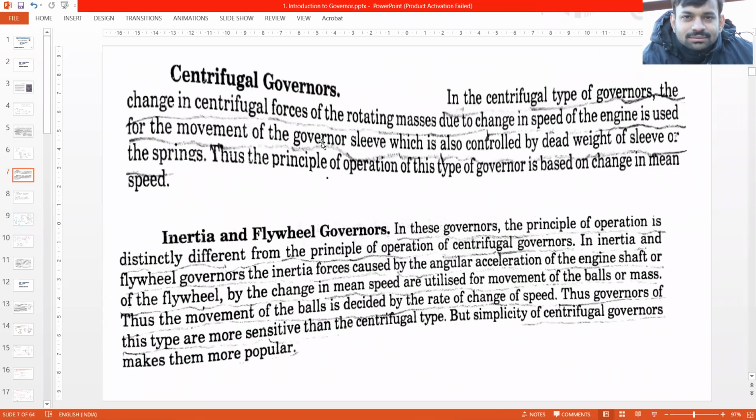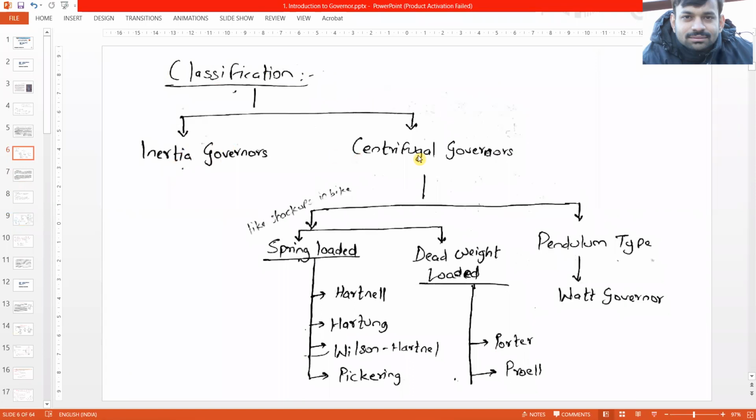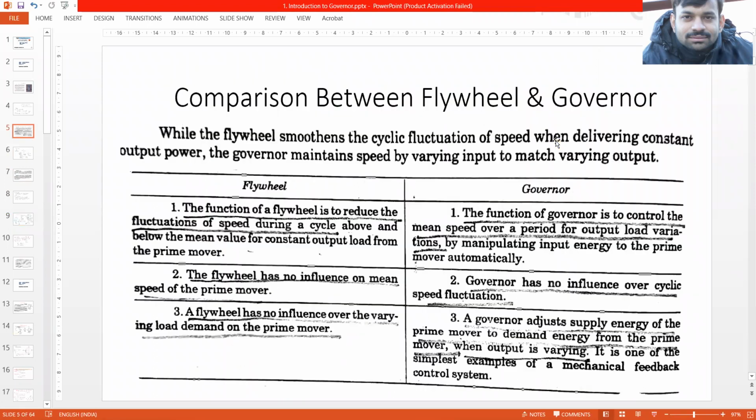We also saw the classification of governors, which are broadly classified into two: inertia and centrifugal governors. And the centrifugal governor has the following types, right? We also saw the comparison between the flywheel and the governor, how they both are different.